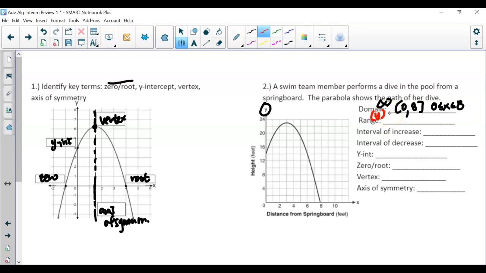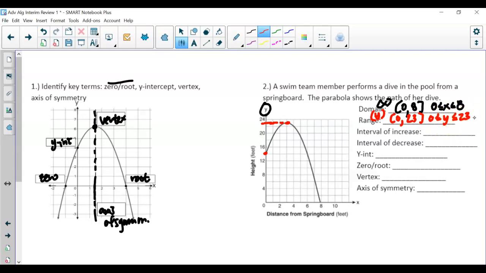So now you're talking about that 14, but is this the highest y? No. Technically, here is the highest y value at about 23 feet. So it's from 0 up to 23.